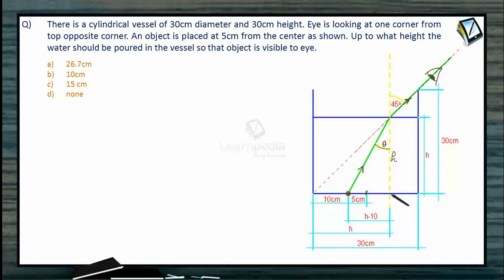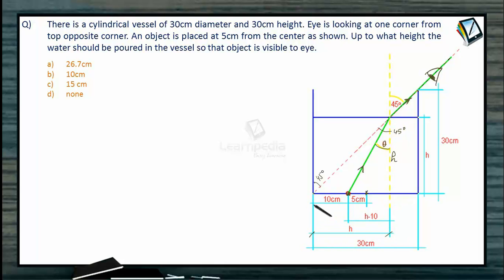So this height is h, and since this is an isosceles triangle, as you can see, this angle is 45 degree and this particular angle is also 45 degree. So this right angle triangle is an isosceles triangle. So from base here to here it should be equal to h, because this triangle is isosceles. So this height is also h.